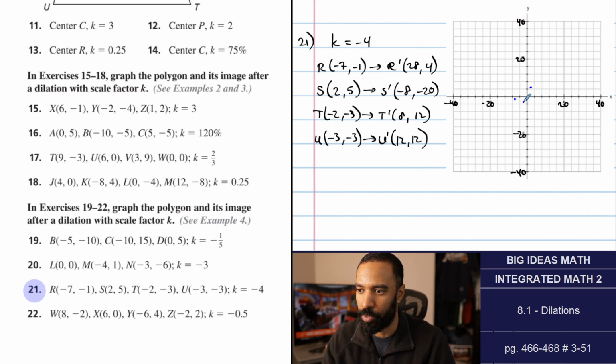T is at -2, -3. Hopefully you can trust what I'm doing with that. About 3/4 of the way down. And U is at -3, -3? Oh my goodness. They're going to be right next to each other. Well, I'm not going to use the line tool for these. I'm just going to pretend like I know what I'm doing.